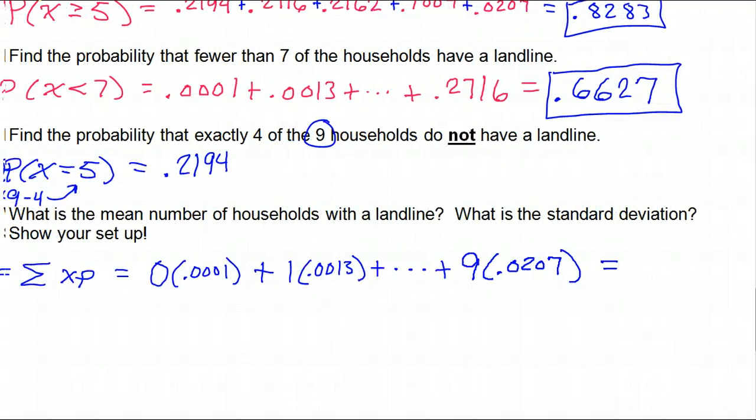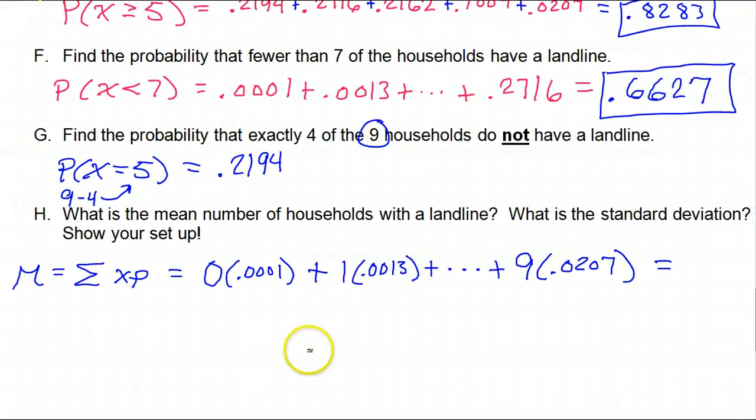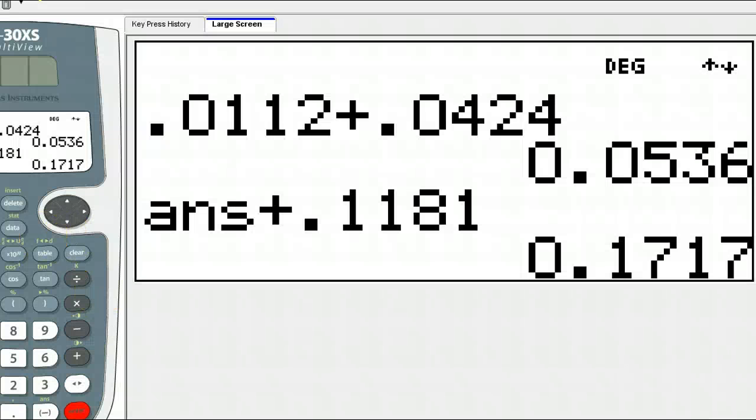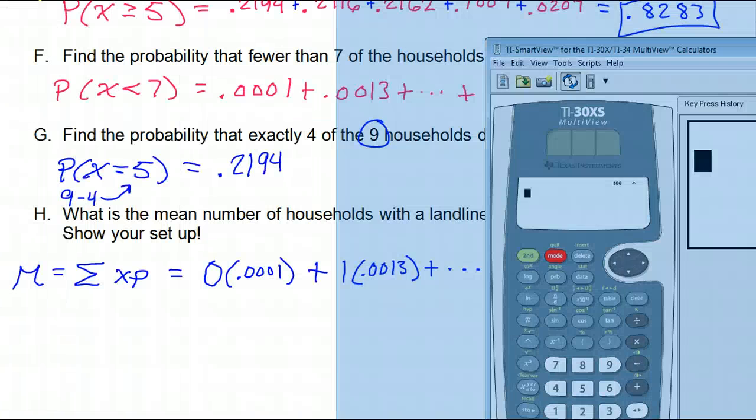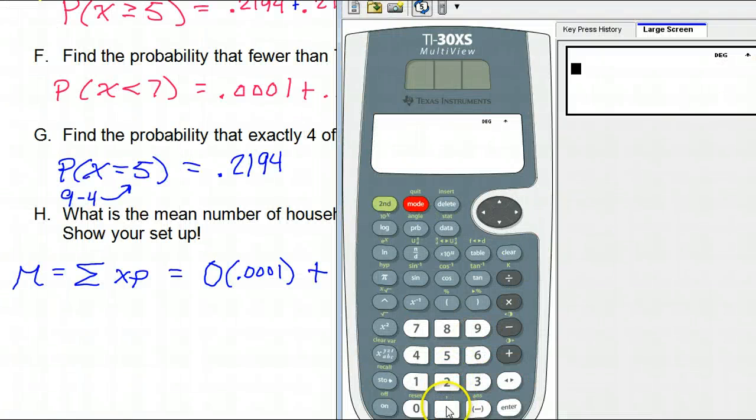Okay, but of course in your calculator you need to actually add all 10 values. So in your calculator you are really doing it. You know, not that you really need to do the 0, 1 because you know that's 0, but I'm just going to show it. So 0 times 0.0001.